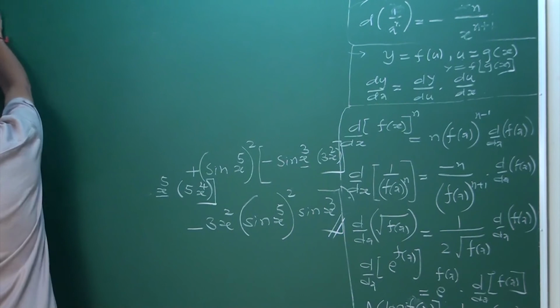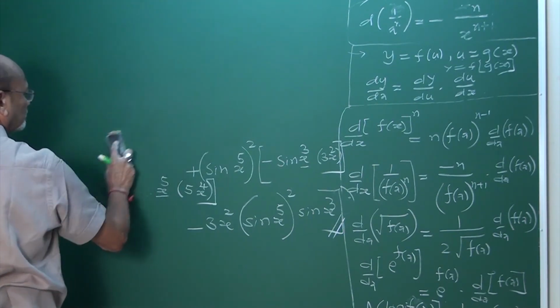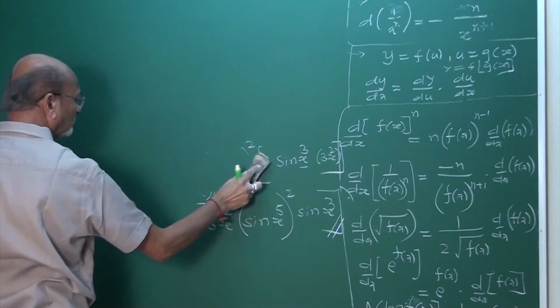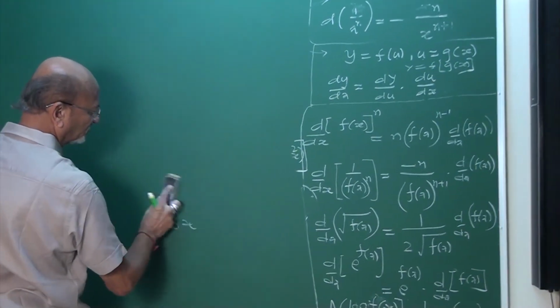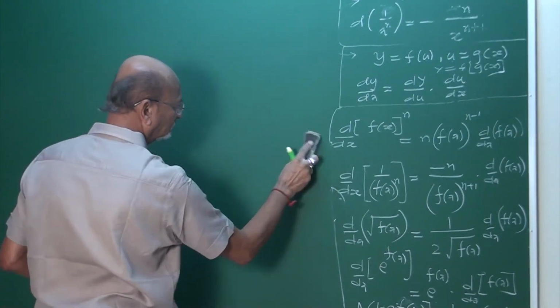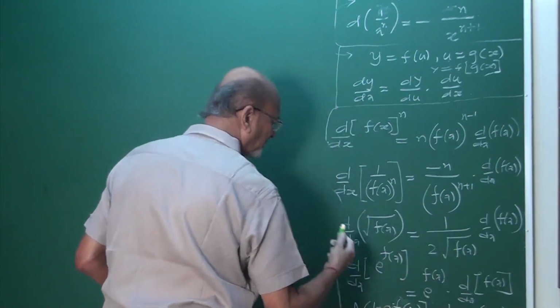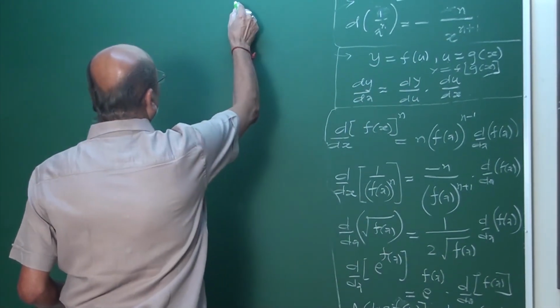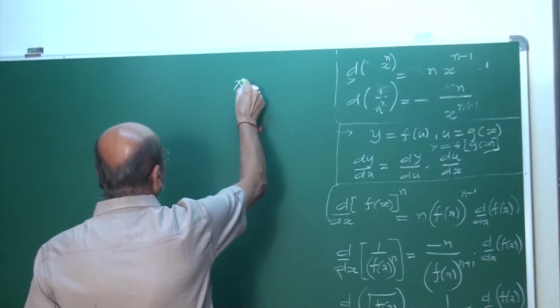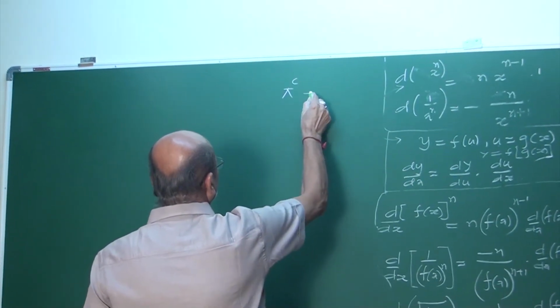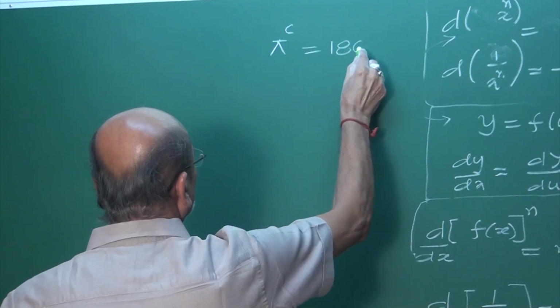Another one based on your radians, my friends. Pi radians is 180 degrees.